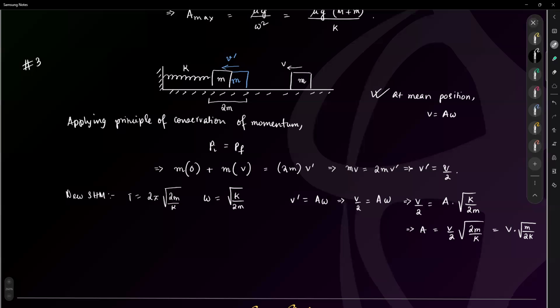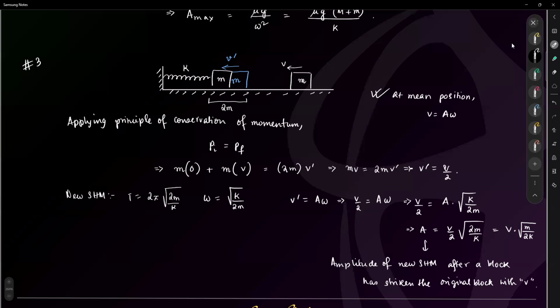That is, this gives us the amplitude of the new SHM after a block has struck the original block with a velocity v. Clear? Okay.